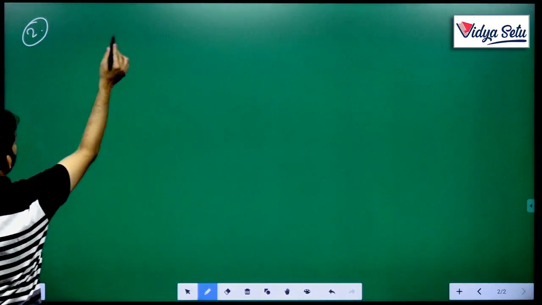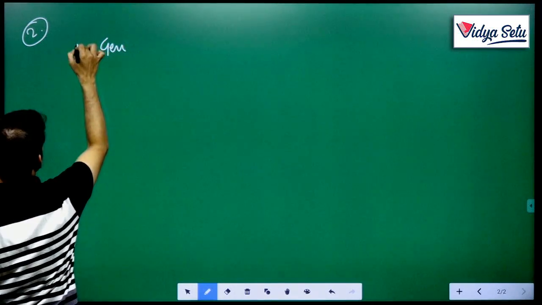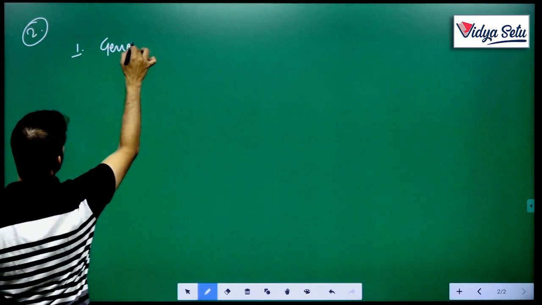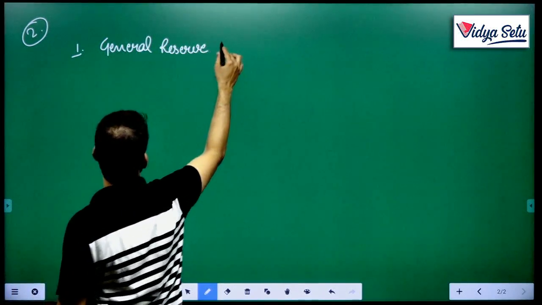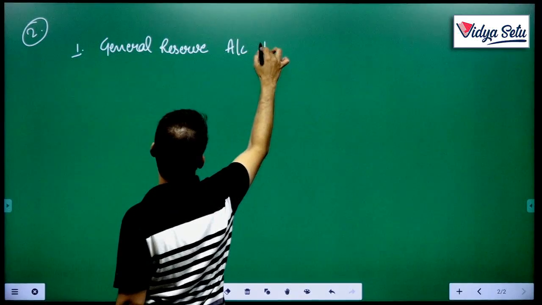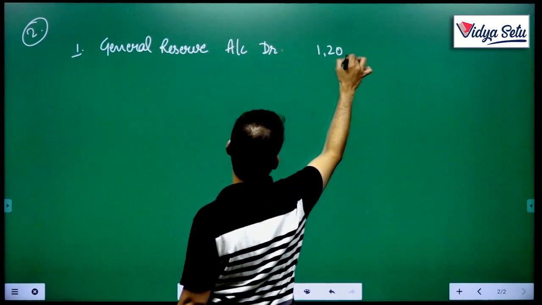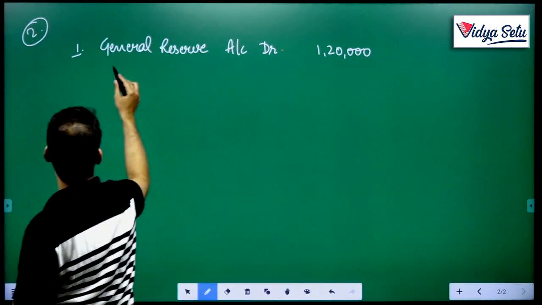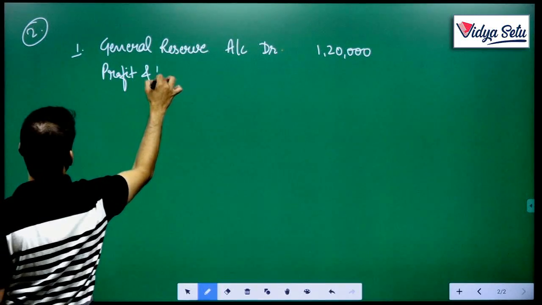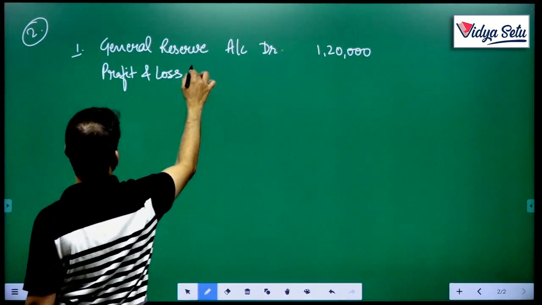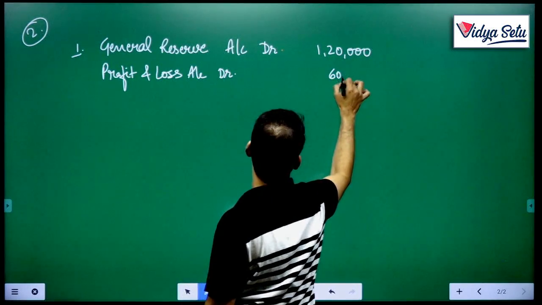The first entry is general reserve account debit, I guess, 1,20,000. Profit and loss account debit, I guess, 60,000.